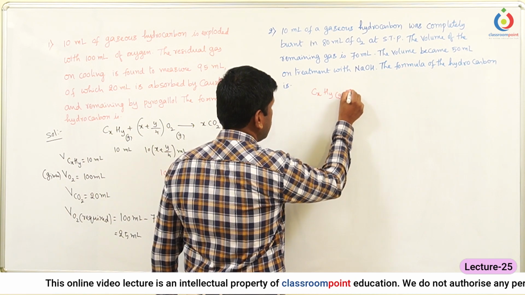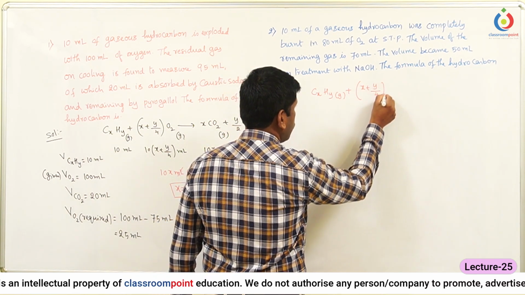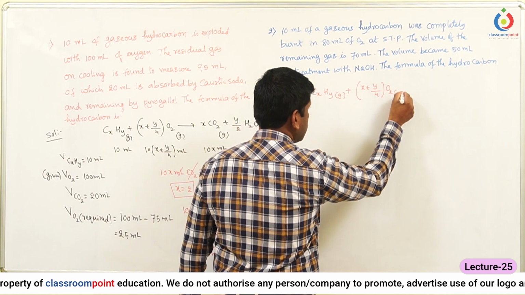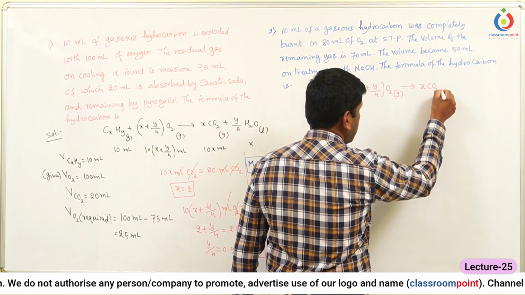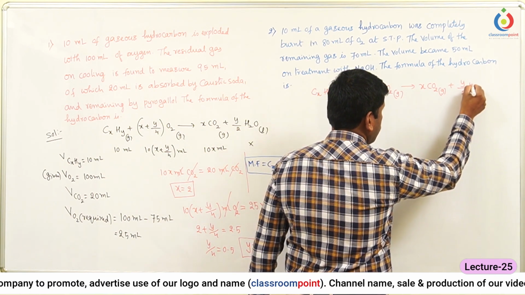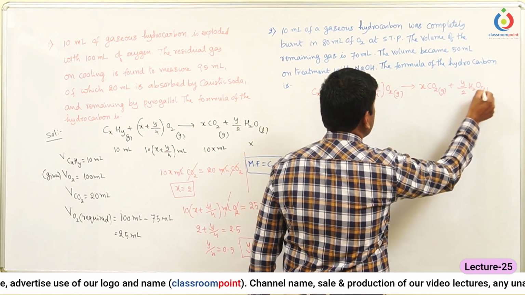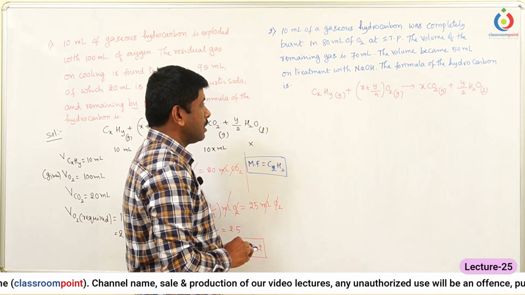CxHy in gaseous state plus (x plus y by 4) O2 in gaseous state gives x moles of carbon dioxide in gaseous state, y by 2 moles of H2O in the liquid state, because final volumes are measured at STP conditions.